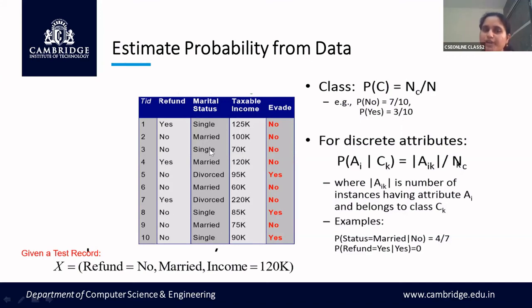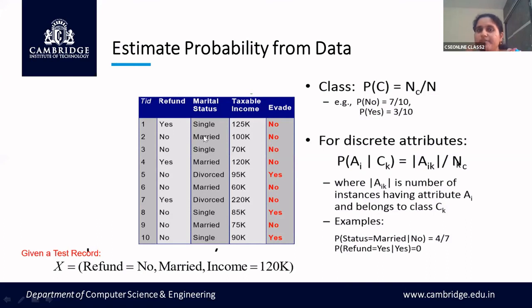So if you want to find out for class label yes, you will get only 3 by 7 into 0 into 0. So the total probability of this particular test record belonging to the class label yes is 0. So you can stop here and say for this particular test record, the class label is no. So I have taken 3 types of example.